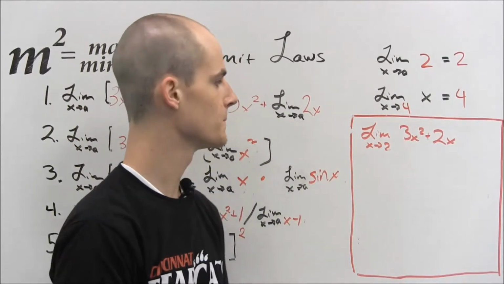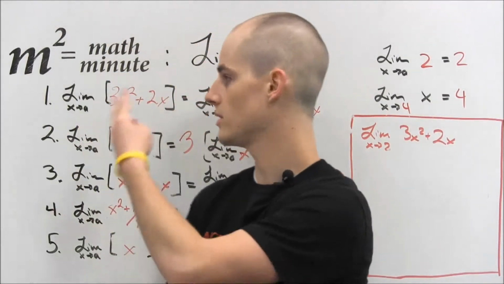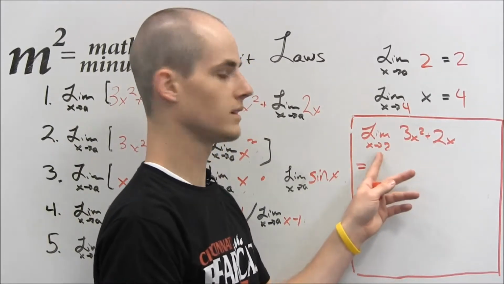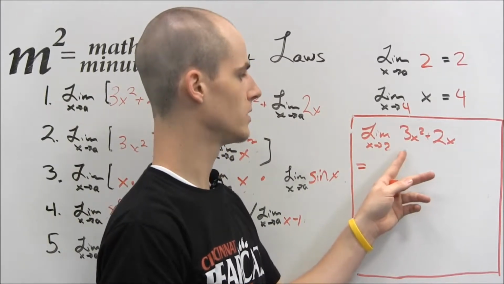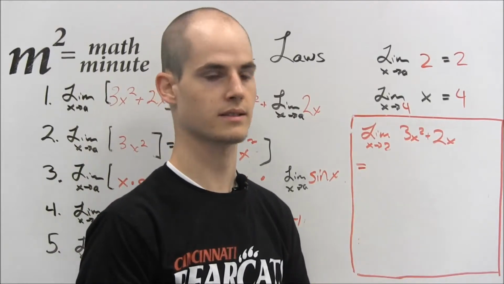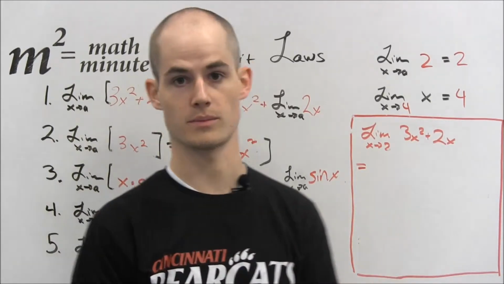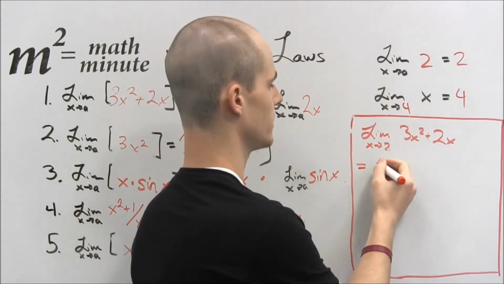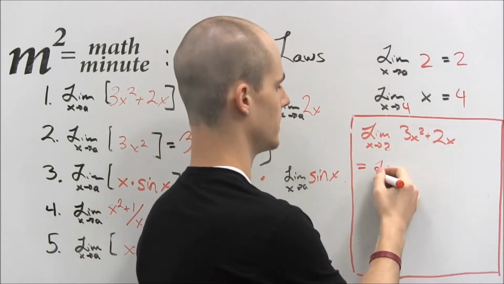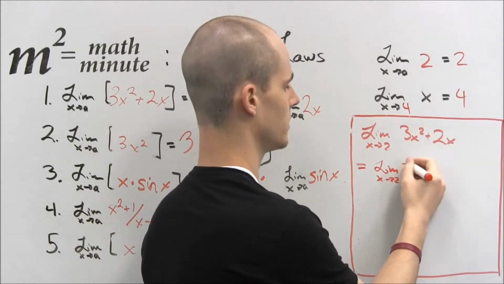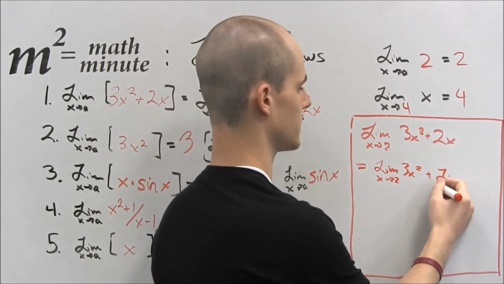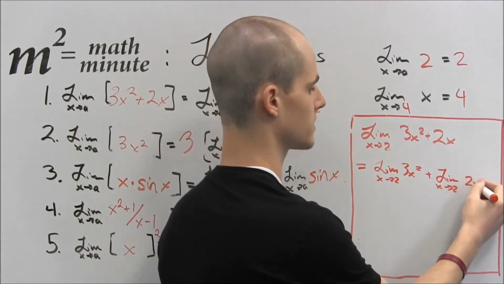That's what we want. So now I'm going to do a problem real quick, and I'm just going to try to use all the rules. So let's take the limit as x approaches 2 of 3x squared plus 2x. So what we do from the very first rule is split this into 2. So this would be the limit as x approaches 2 of 3x squared plus the limit as x approaches 2 of 2x.